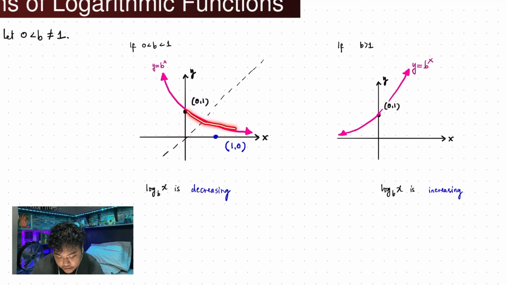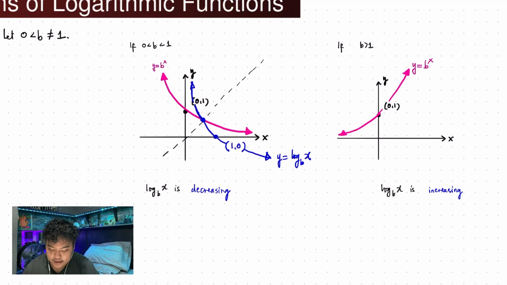So, ito yung common point nila, yun nandun sa line. And then, pag ganyan, itong blue siya yung y equal to log base b of x. Okay, so yan yung graph ni log base b of x if yung b mo is from 0 to 1. So, decreasing din siya.